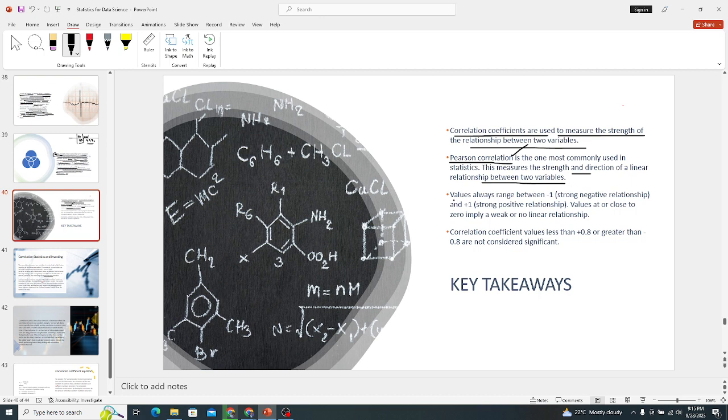Values always range between -1 and +1. Correlation coefficient values less than +0.8 and greater than -0.8 are not considered significant.